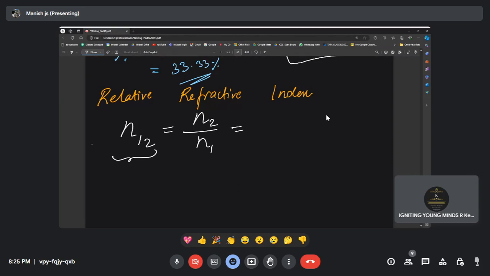Now I substitute the formula for this. What is the formula for N? It is C upon V, right? So for N2, it will be C upon V2, the whole divided by, for N1, C upon V1. C gets cancelled. Once you take the reciprocal, will you get V2 upon V1 or V1 upon V2?